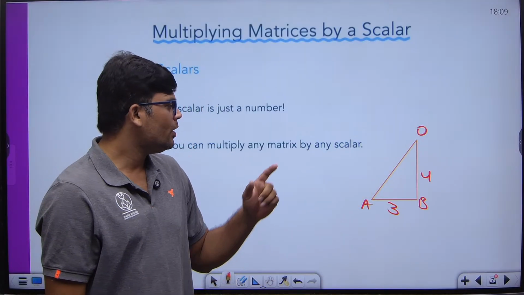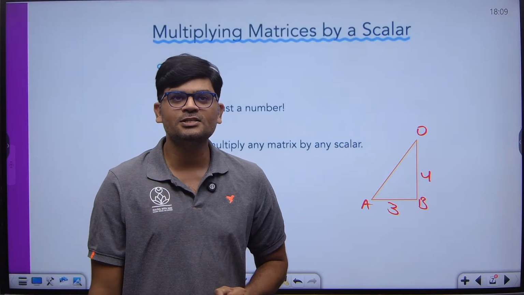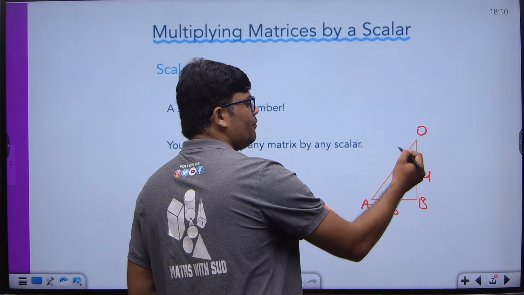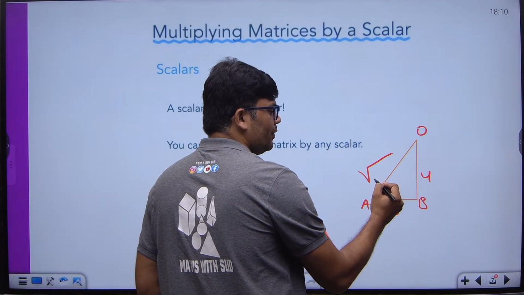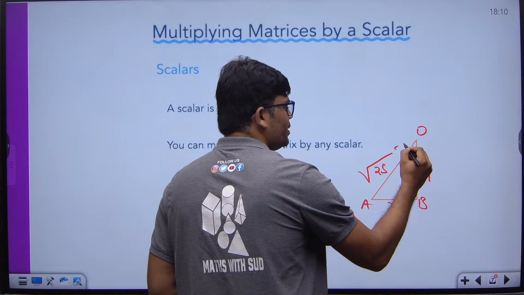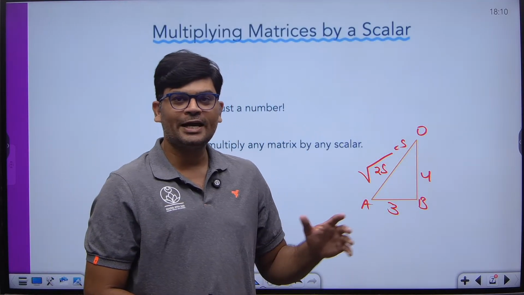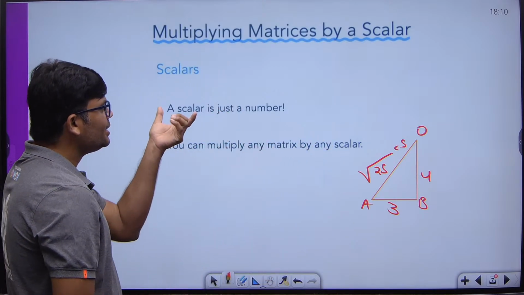But if I ask you what is the displacement from A to O, that is the shortest distance you can follow. So the shortest distance is AO. AO can be found by taking the square root of 3 squared plus 4 squared, which is 25. The square root of 25 is how much? 5. So where direction has an important role, you say it is a displacement, which is a vector quantity. So a scalar is just a number.